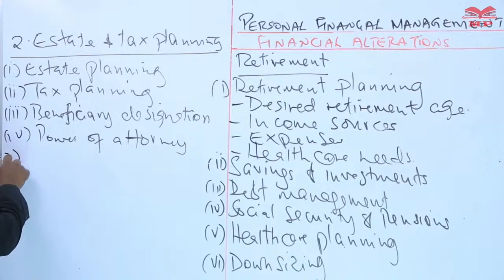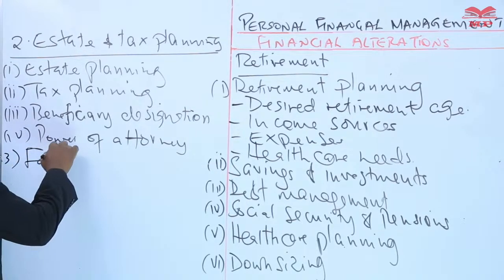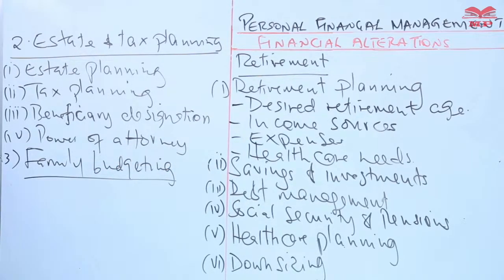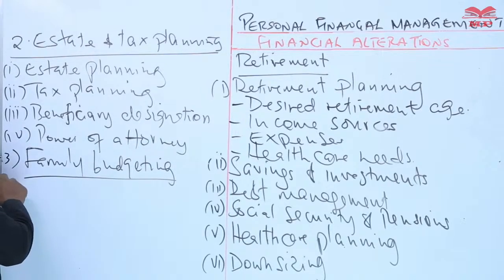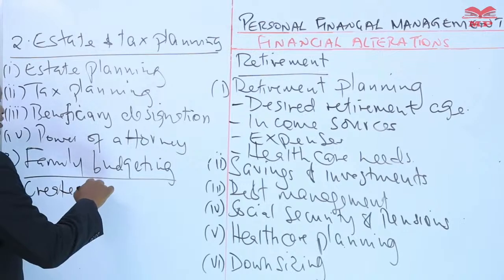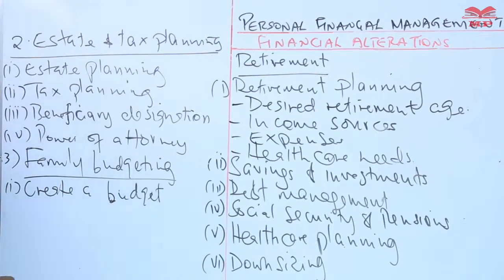Then number 3, family budgeting. One area is creating a budget. Develop a family budget that includes all incomes and all expenses, in order to track finances and identify areas for savings.